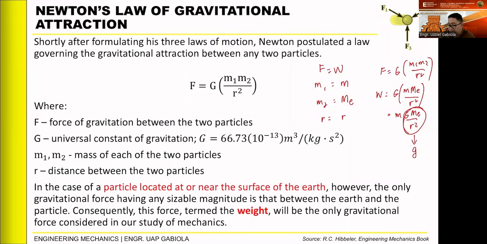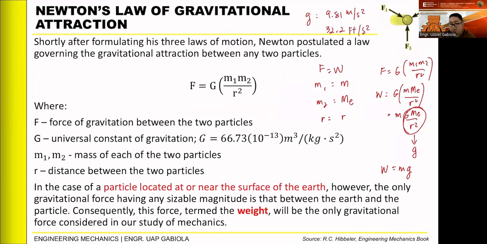Okay? That is what we call the standard location. That is why you notice the formula for weight is equal to mass times the acceleration due to gravity of the Earth, whose value is 9.81 meters per second squared or 32.2 feet per second squared. That is its constant.